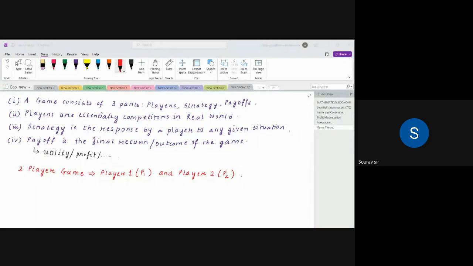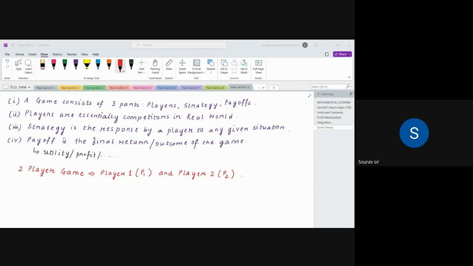Now, one question that I would want to ask all of you: is it necessary that for any player there would be only one strategy? What do you think? Strategies can be one or many? Many, right? Because depending upon the situation, how they would react would determine their strategy.